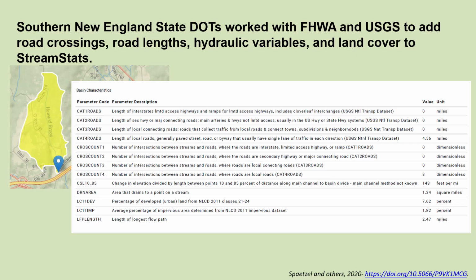And if you recall from the earlier slides, StreamStats has the ability to be customized in the sense that we were able to add these kinds of road characteristics even though they are not directly input to a streamflow statistics regression equation.